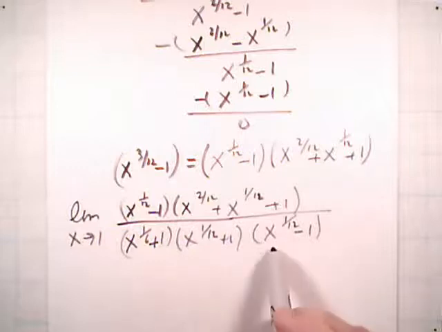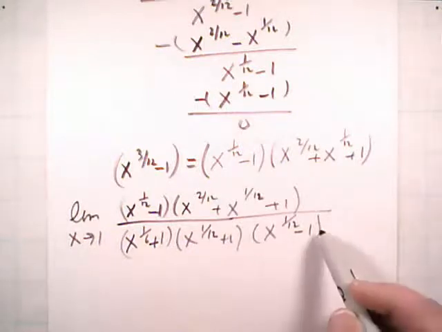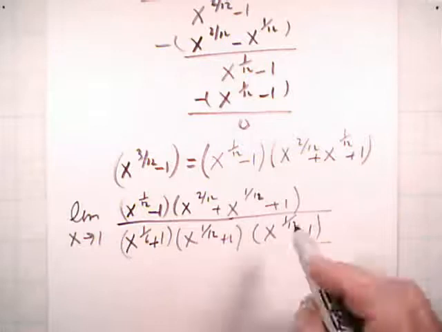Well, we're trying to get rid of the factor that causes the 0, and so we have one here and we have one here, and we can cancel those out.